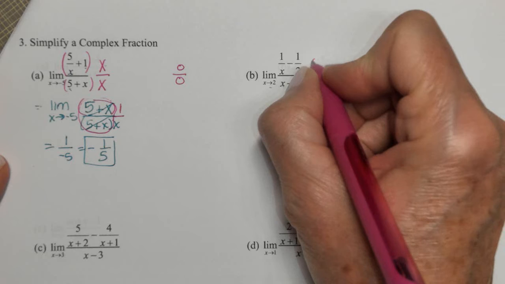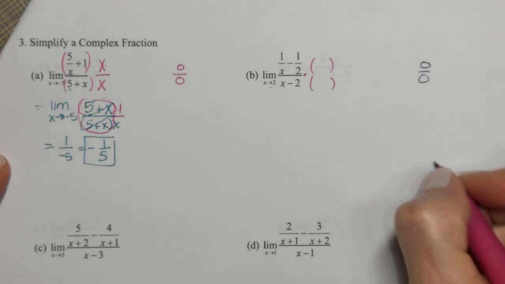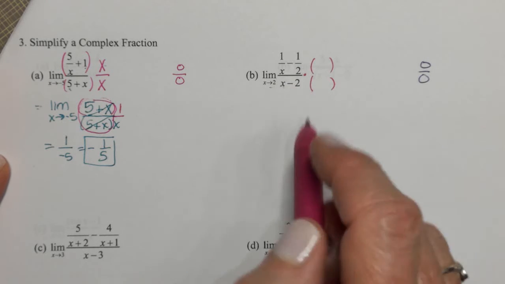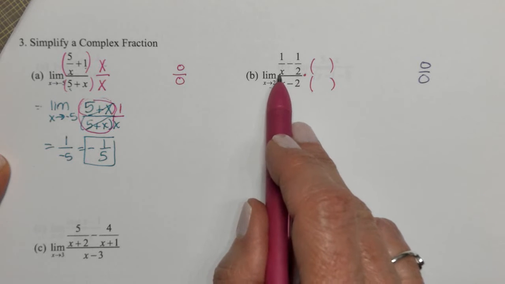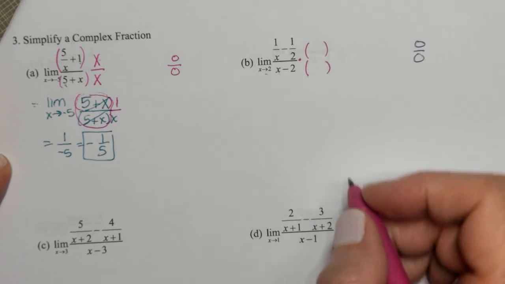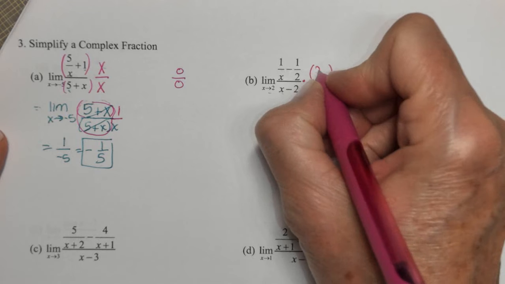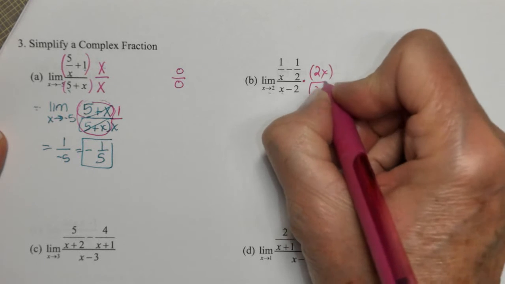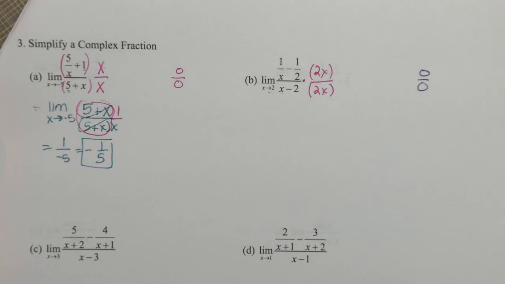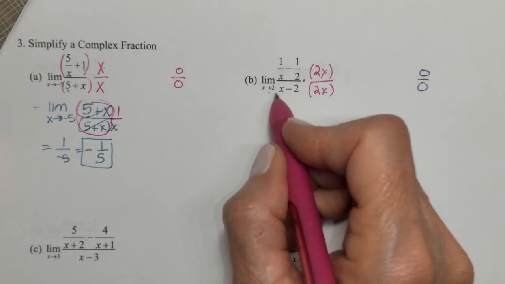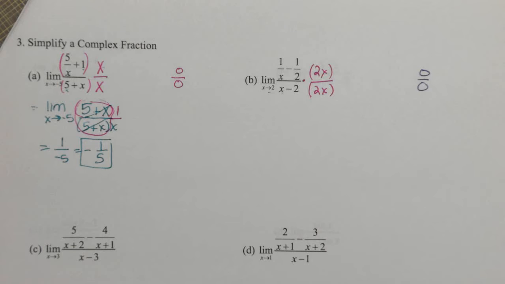I'm going to multiply top and bottom by something that's going to get rid of my complex fraction. There are two things making this a complex fraction, this x and this 2. So I'm going to multiply both top and bottom by 2x. Since I'm multiplying by 1, I'm not changing the value of this expression. Okay?